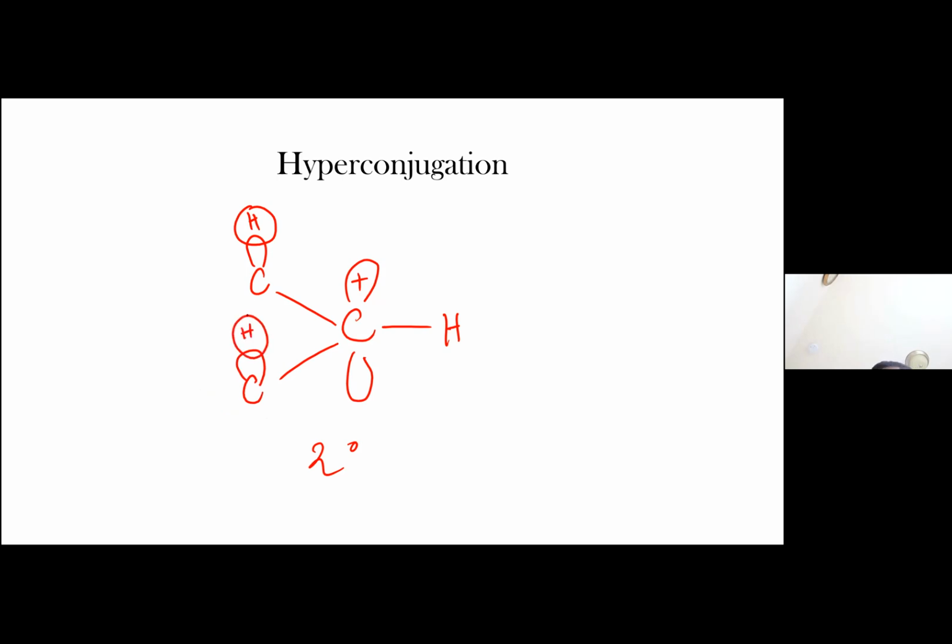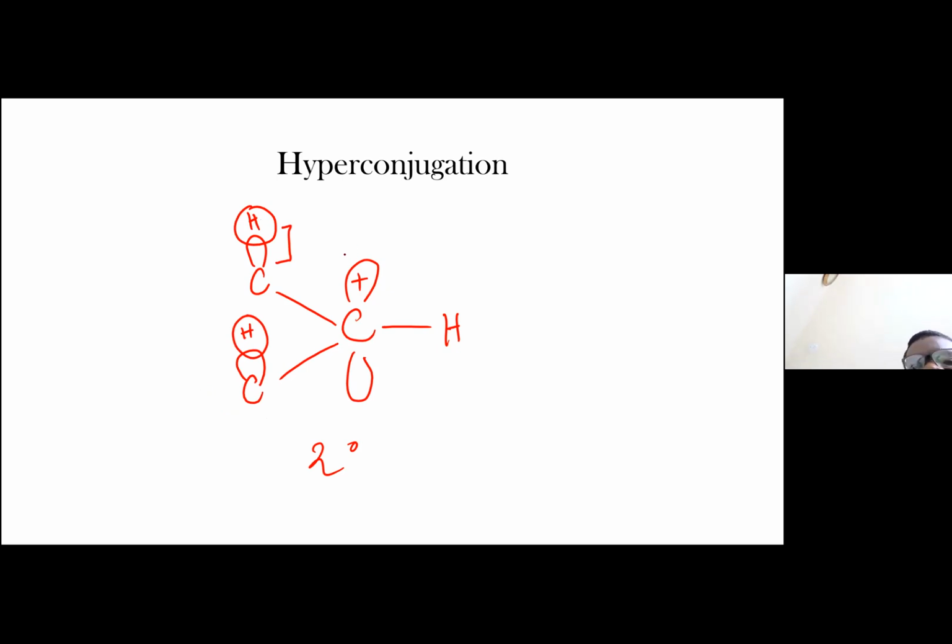The way hyperconjugation works, and the reason why having more alkyl groups stabilizes a carbocation, is because in the shared bond between this carbon and the hydrogen, they allow overlap of this bond and this bond.